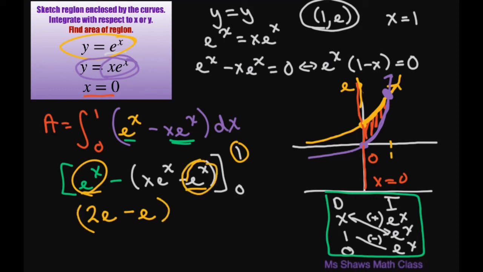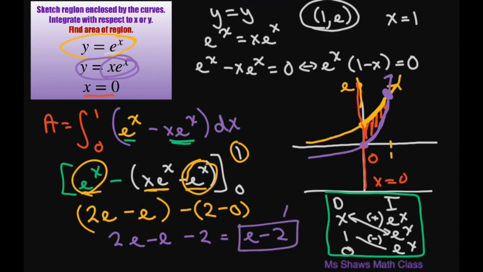For 0, this is just going to be 0, so it's just minus 2, and then minus 0. All right, so finally this is going to equal 2e minus 2, which equals e minus 2. And that is your area.